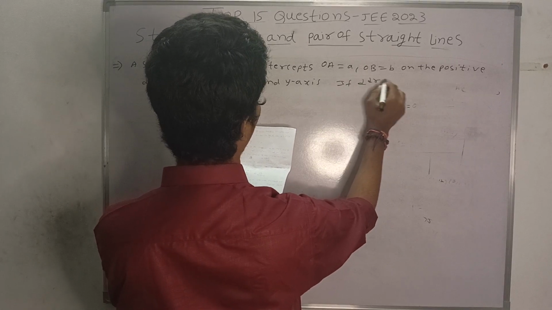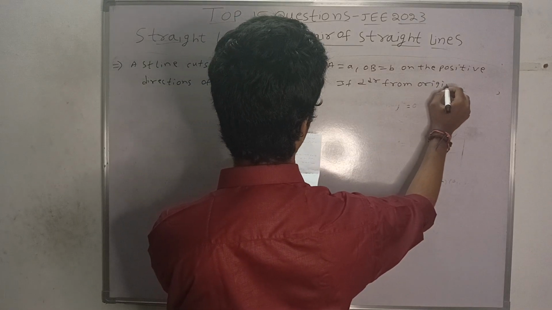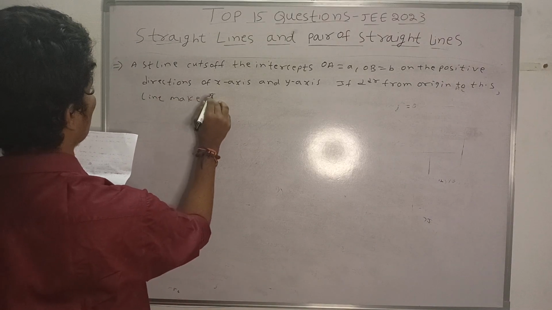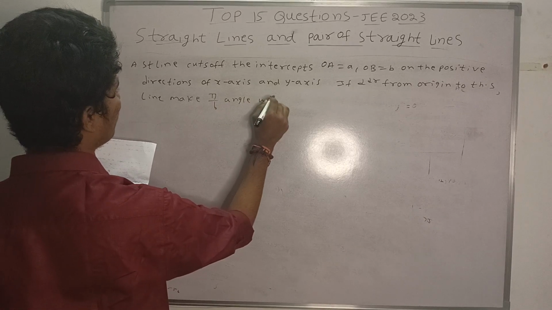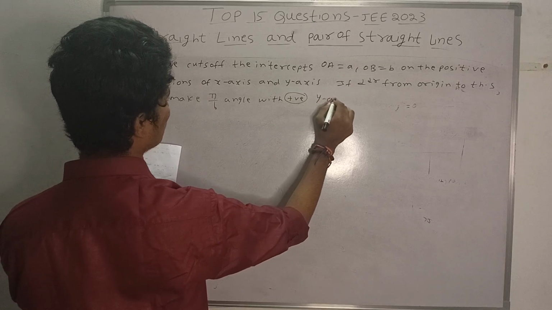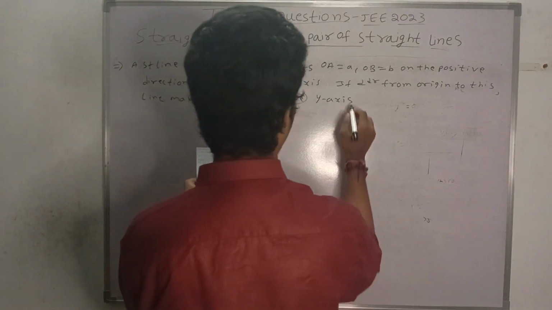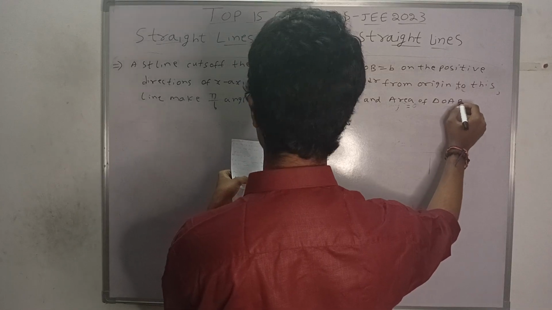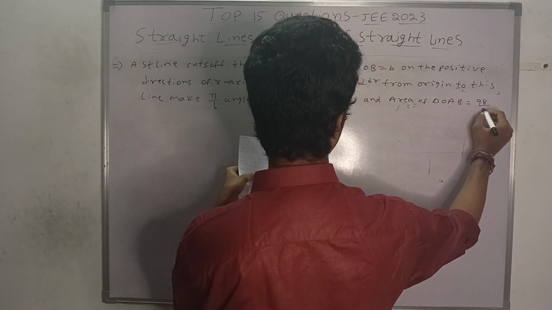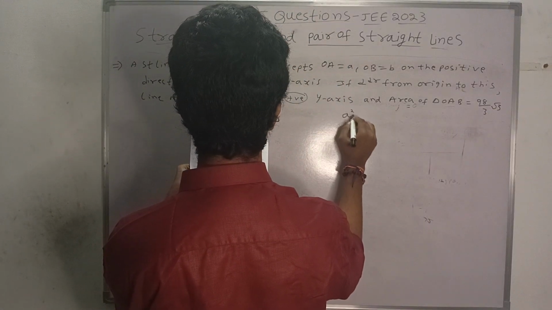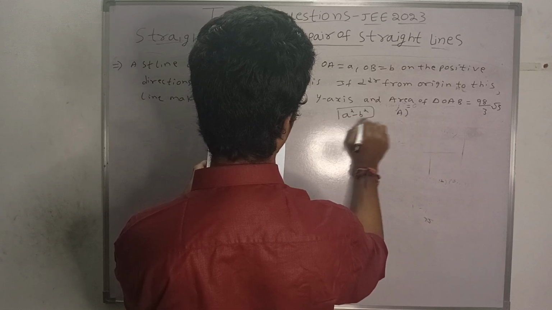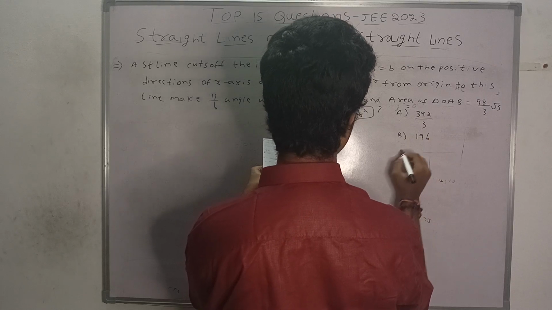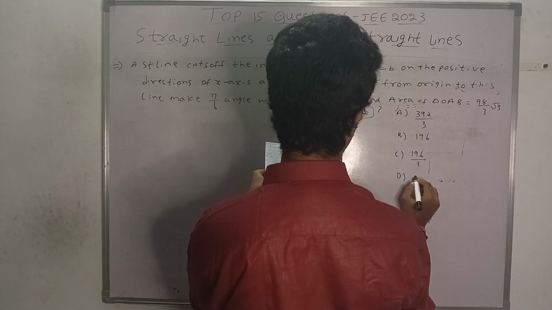If the perpendicular from origin to this line makes pi by 6 angle with positive y-axis, and the given area of triangle OAB equal to 98 by 3 into root 3, they are asking a square minus b square, and the options are 392 divided by 3, 196, 196 divided by 3, 98.